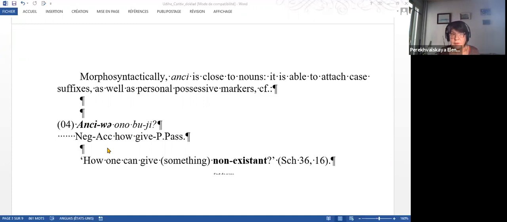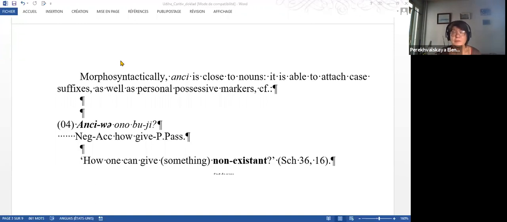So this is, in fact, it can be used as a noun. I didn't find any usages of anchi as another so-called part of speech. Like in Manchurian, I found they have this marker aku that can be used as a noun with all case markers, and also as a verb with markers of tense.